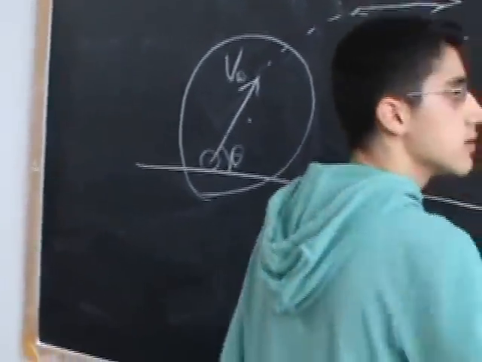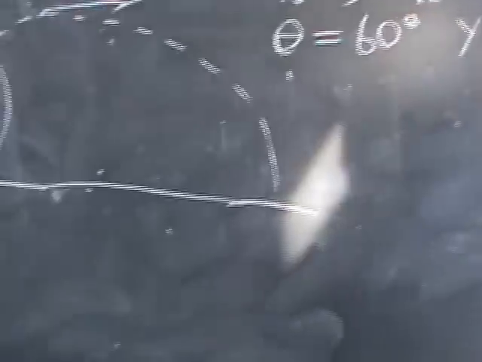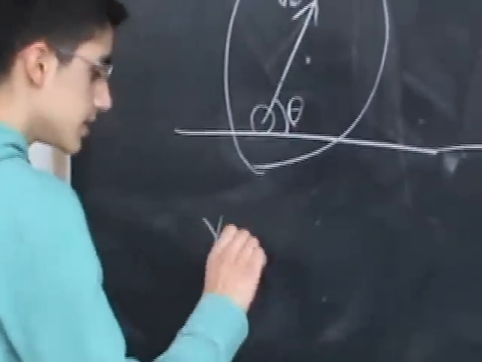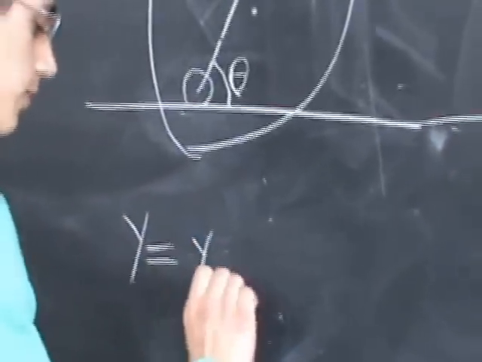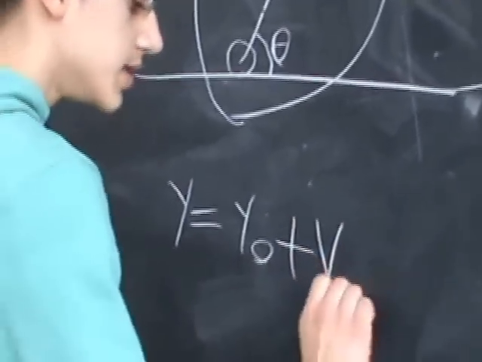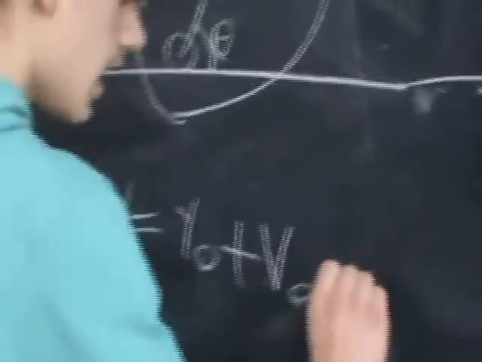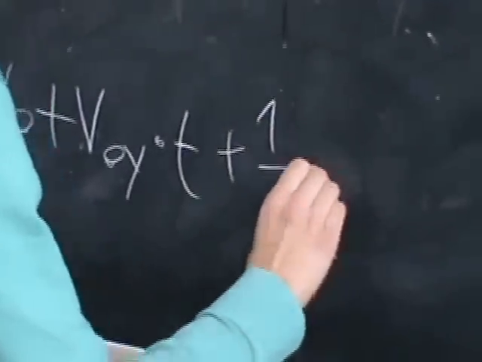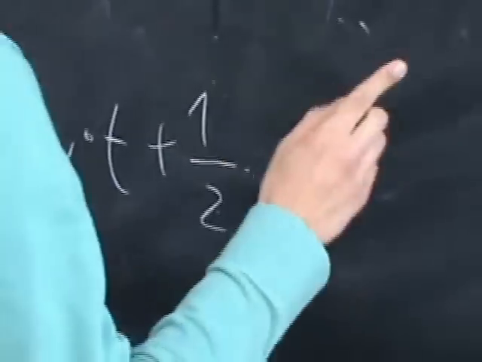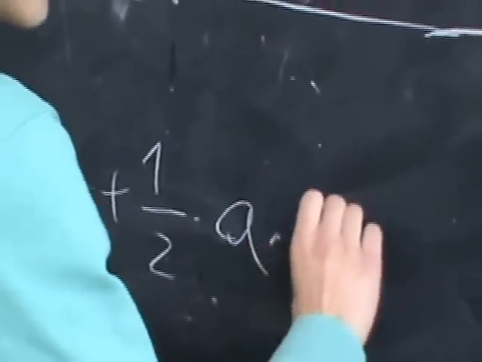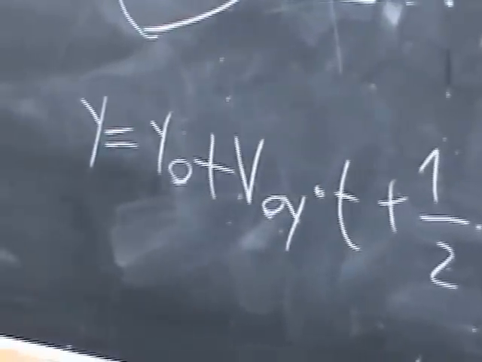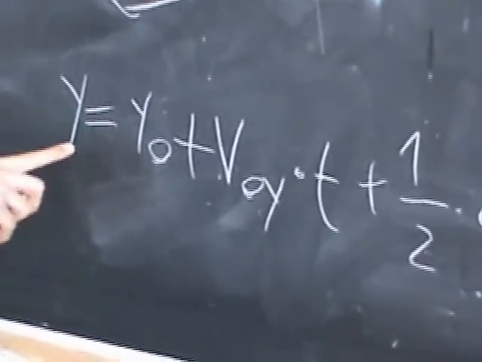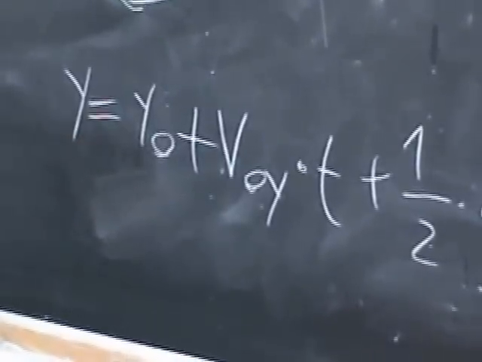For finding this maximum height, we're considering the formula y is equal to y0 plus v sub 0 sub y times the time plus a half times acceleration, which is g, times the time we found before, squared. So using this formula, y is what we are going to find.